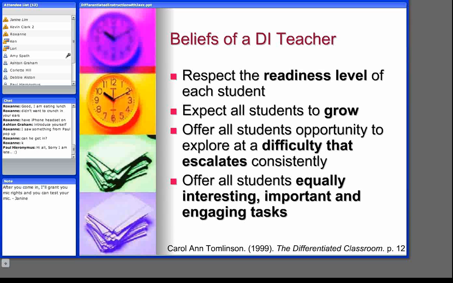That's the one that I'm like, okay, aim for, and offer all students equally interesting, important, and engaging. I think the really key one is respecting the level, realizing that they all come in at different levels and not getting frustrated with ones that might be a little lower, realizing.